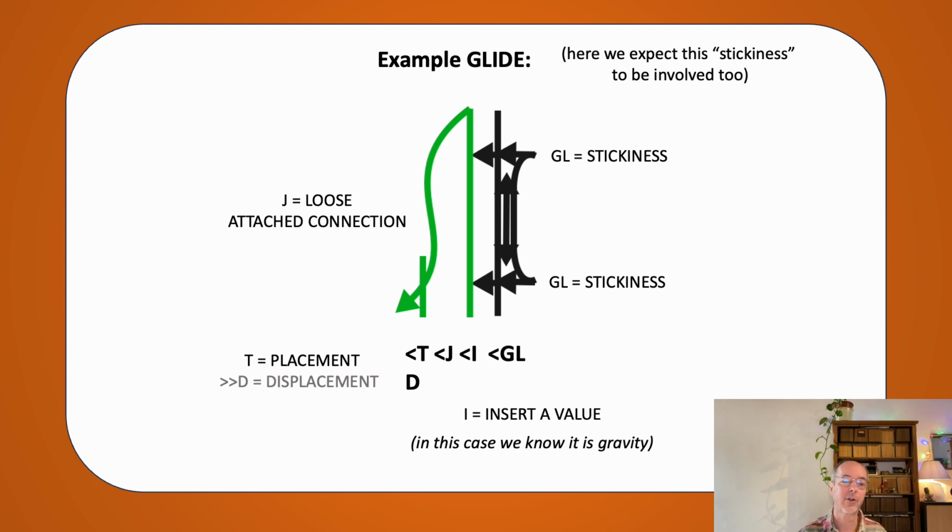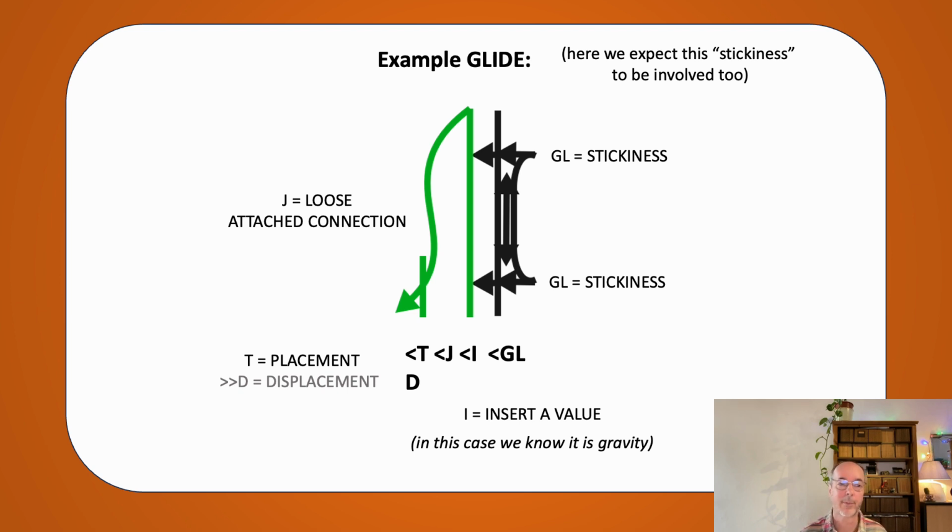So we have the insertion of a value with glide. In this way, if we already know what a word is about, glide, and we know that GL starts with stickiness, that's also what happens in the glide. It starts with stickiness. Then there's an insertion of a value. In this case, we already know it will be about gravity.